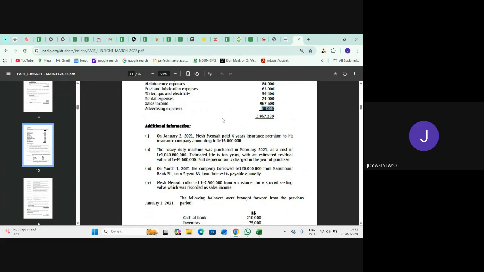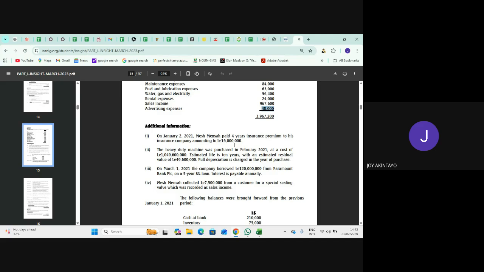Now let's pick from the first. Let's start our adjustments before we move on to any other stuff. One, they said on January 2, 2021, Mesa paid 4 years insurance premium to his insurance company amounting to 16 million. So it means the premium we have is not the actual premium. Are we together?